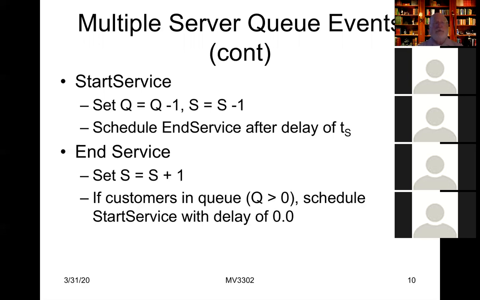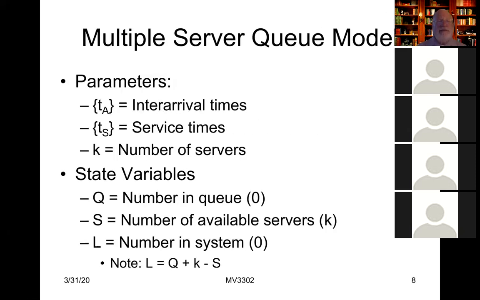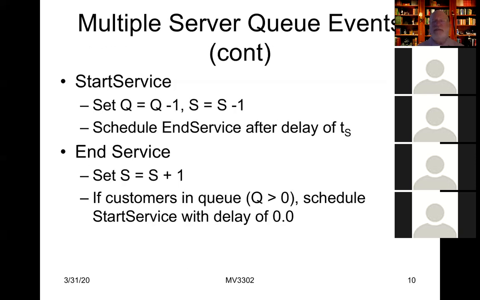In other words, there's 1 fewer in the queue and we have 1 fewer available servers. In terms of scheduling, it's going to schedule the end service after a delay of T sub S. Remember that T sub S was our sequence of service times. So T sub S just picks off the next service time and says, this is how long this customer is going to spend in service.